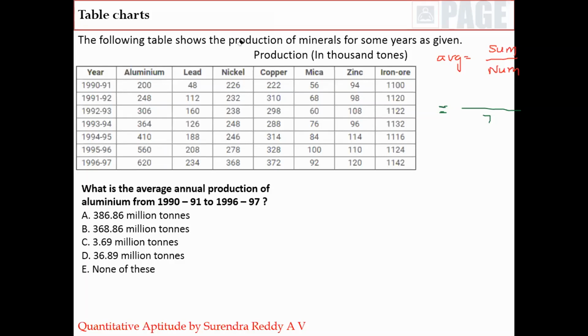So the total is 2708. Now do by 7. Yes, sir. 386.86.